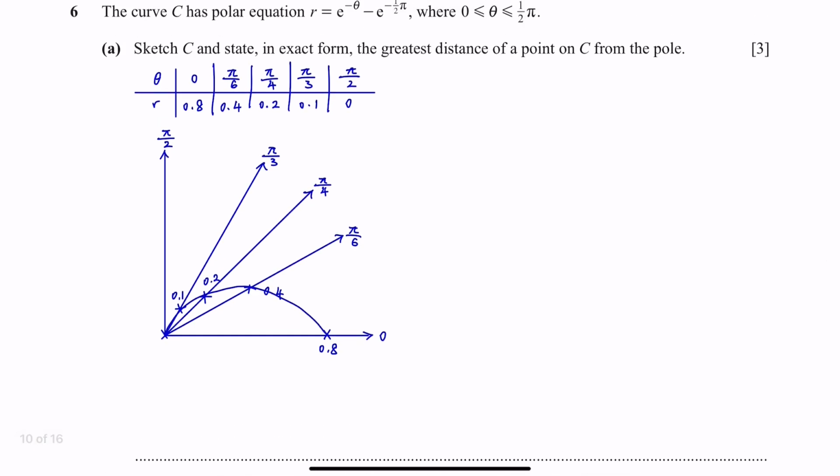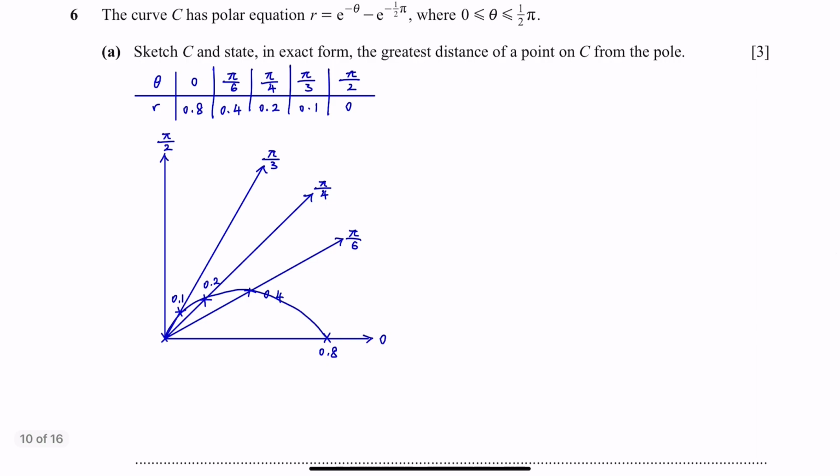And now we need to state in exact form the greatest distance of a point on C from the pole. So the pole is this point here. We can see that the point with the furthest distance is this point. So it's basically when theta equals 0. So now we need to find r when theta equals 0.